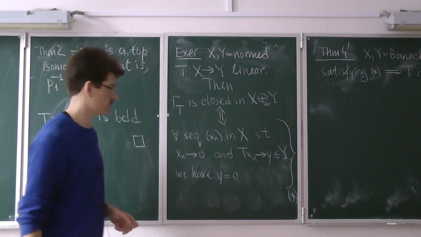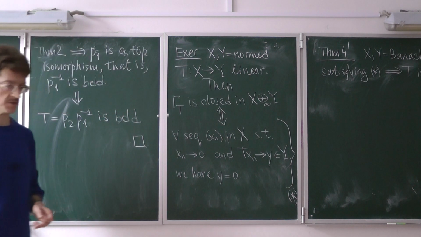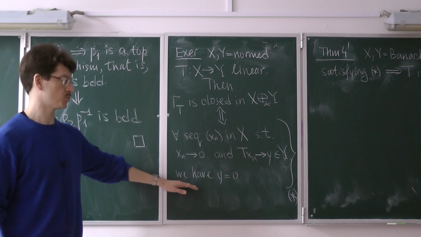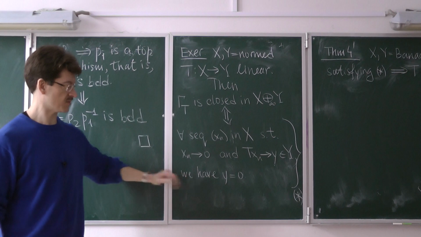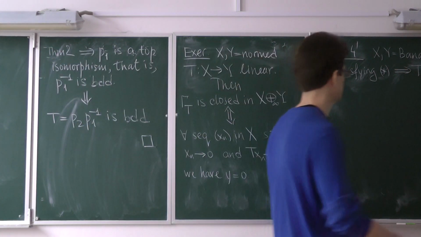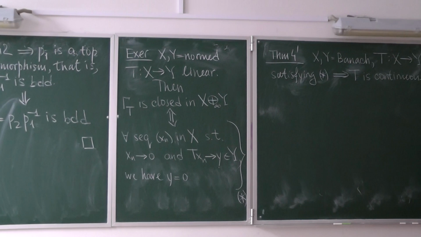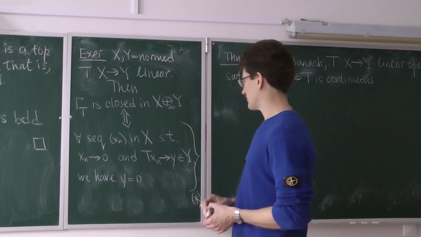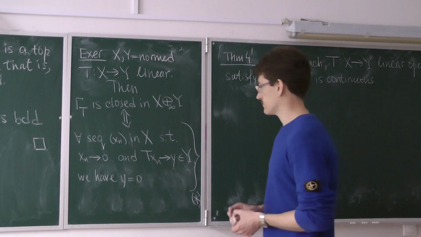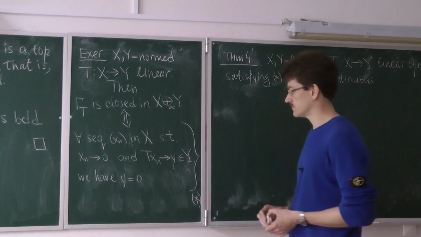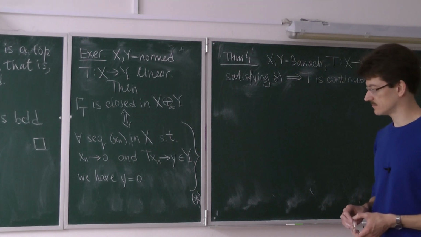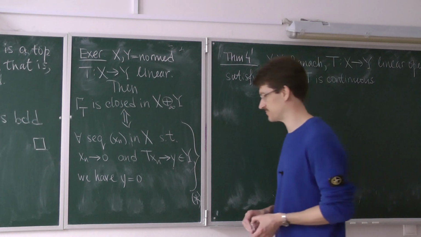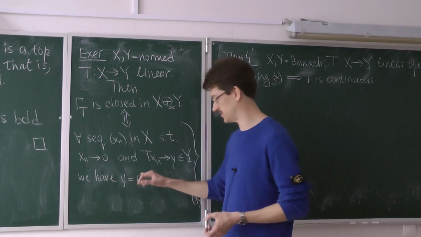And actually, there is a useful exercise in exercise sheet 4, which illustrates how one can use this condition. There are sequences that have no limit, like T xn. So if we can assume that it has a limit, we can make a contradiction. If T is bounded, then of course, if xn goes to 0, then T xn must go to 0.